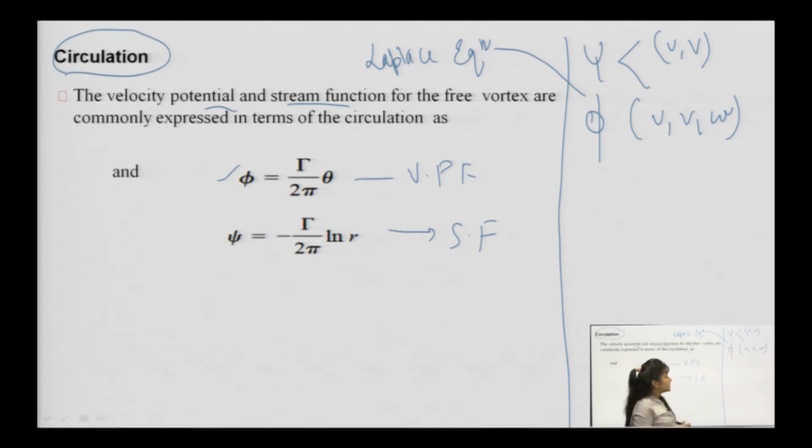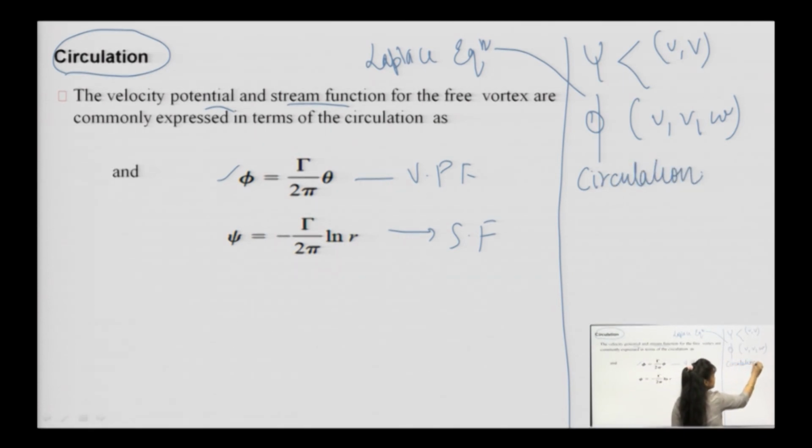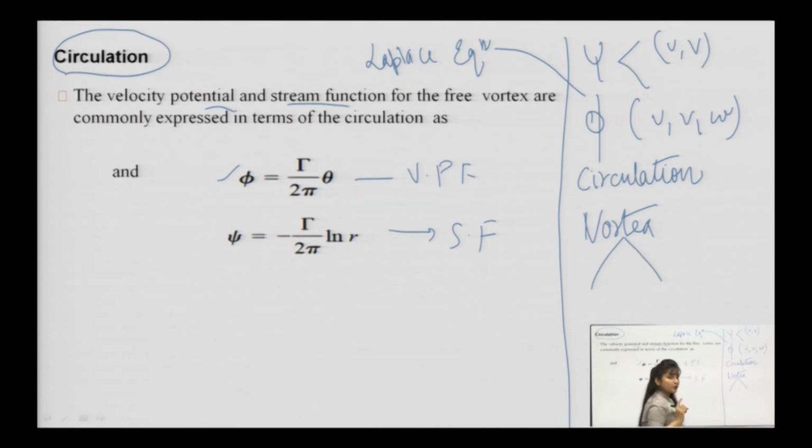The next one: with the help of this we have studied two further topics, circulation and vortex flow. Again, vortex flow can be of two types, forced vortex and free vortex.